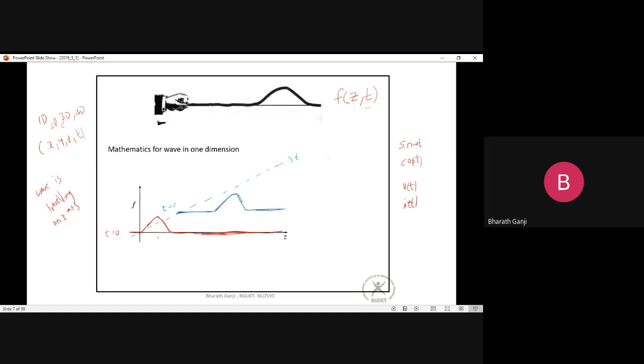Okay, say at another time instant, say at t equal to 3, the disturbance is here like this. Right?